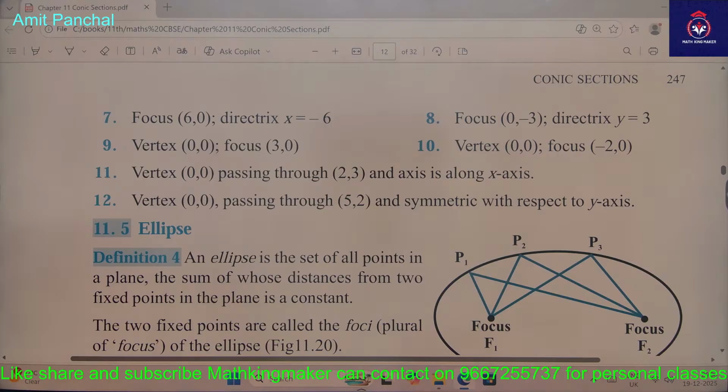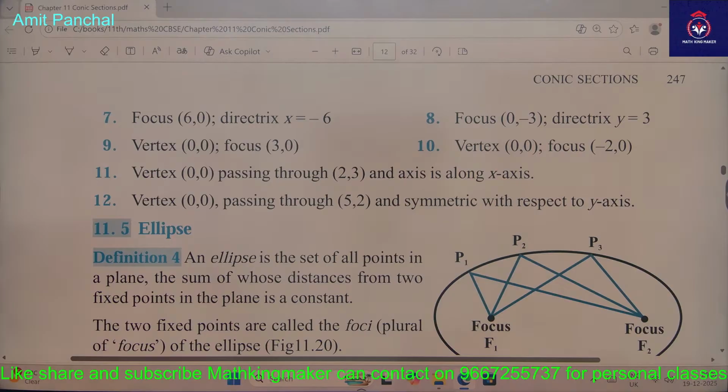So on x-axis, passing through 2, 3, so 3 square equals to 4a into 2. So 9 equals to 8a. a equals to 9 by 8. y square equals to 9 by 2 x.